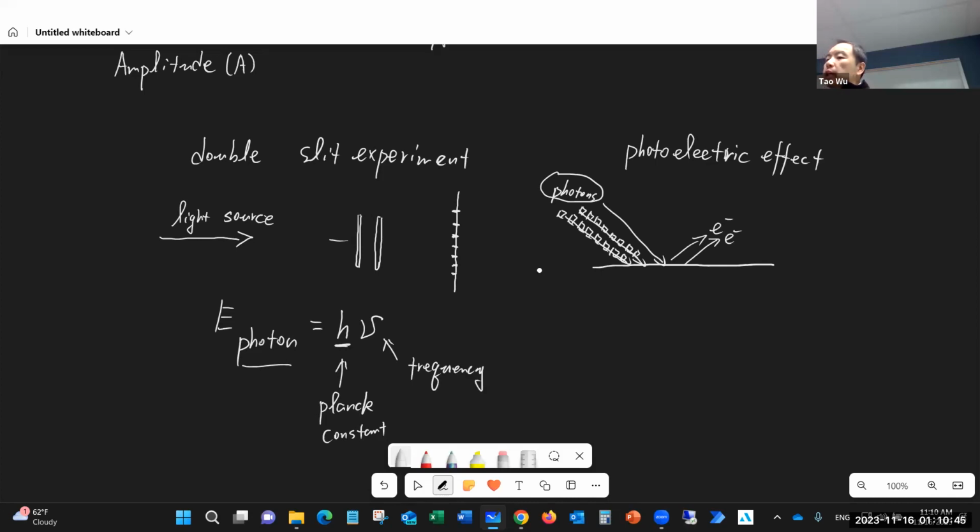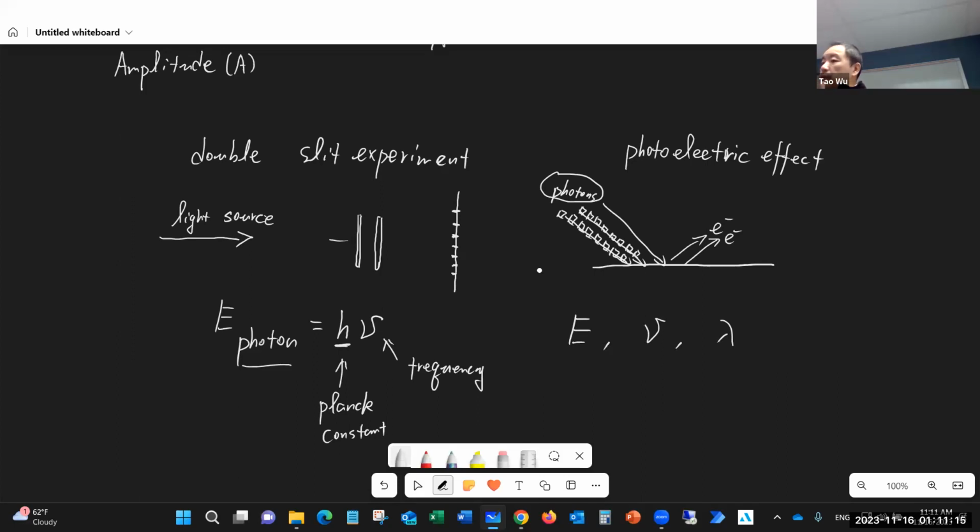In other words, if you already know the frequency or the wavelength of a certain electromagnetic wave, you should already know the energy of the photon, because the energy is proportional to the frequency. So this is another relationship I hope you understand. Now we have three things: energy, frequency, and wavelength.